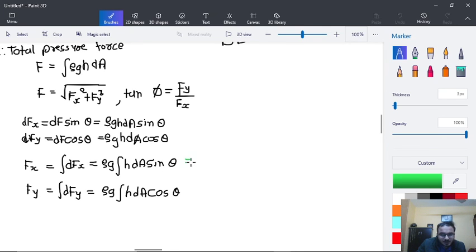So this is the total pressure force on projected area of curved surface.